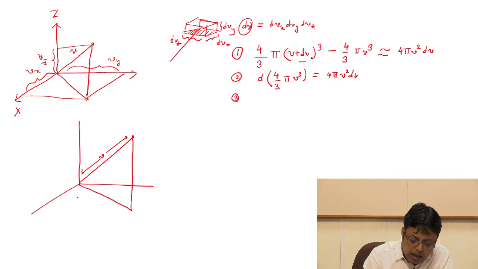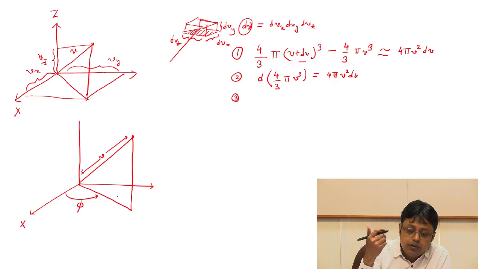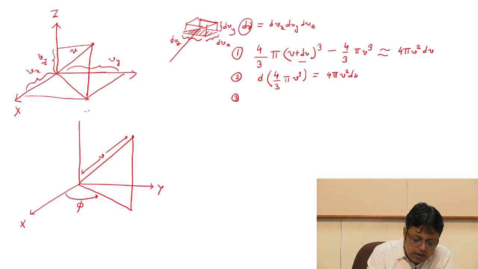Then I have this angle, which I call phi, which it makes from the x-axis towards the y-axis. That is the sense of rotation for positive phi. This is y and this is z. But I also have another angle, the inclination angle, which I call theta. I think this theta is called the azimuth angle.